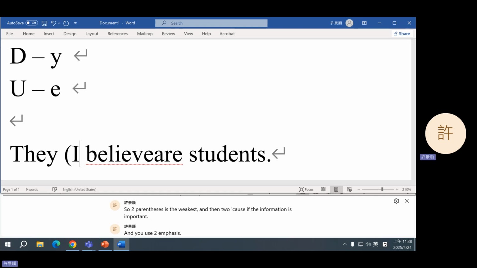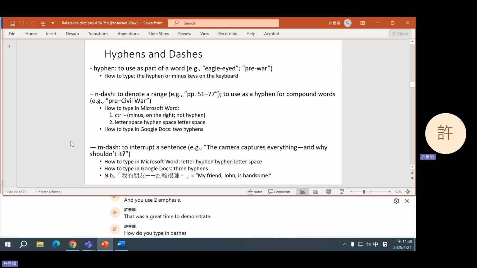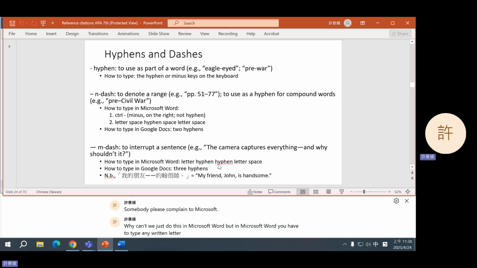Now is a great time to demonstrate how you type em dashes. Again, in Google Docs, it is incredibly easy. Type three hyphens, and it will become an em dash. Somebody please complain to Microsoft. Why can't we just do this in Microsoft Word? But in Microsoft Word, you have to type any random letter, hyphen, hyphen, any random letter, and a space.